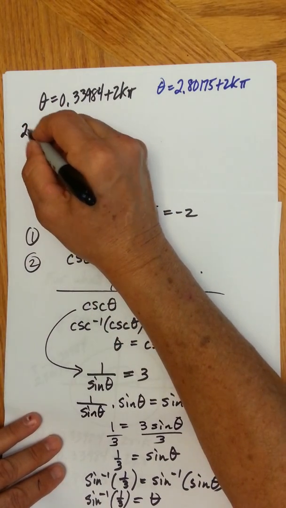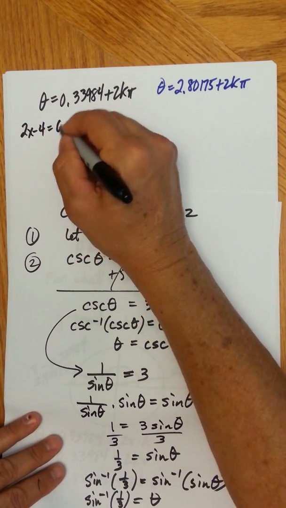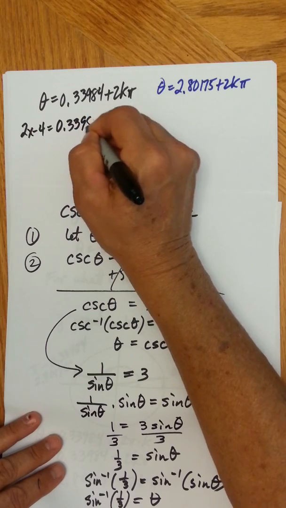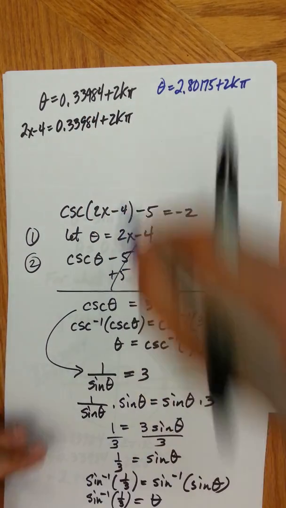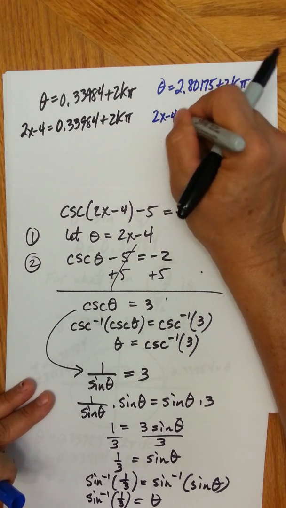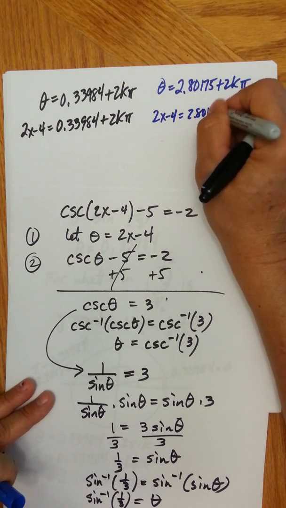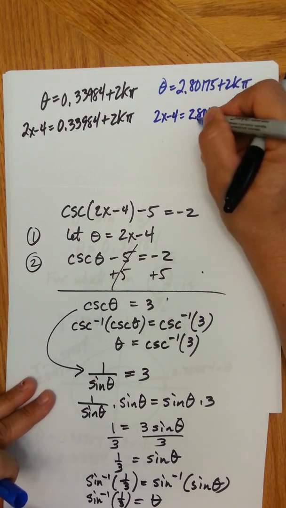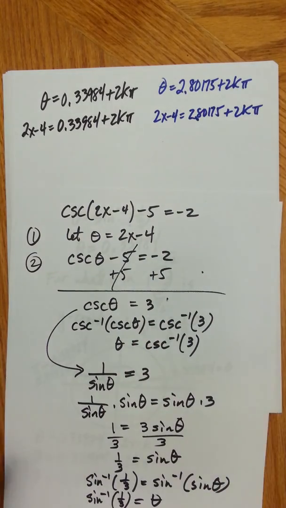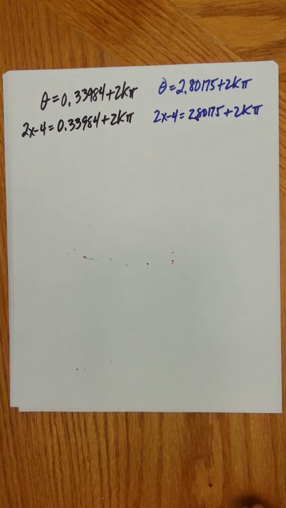So here we have 2x minus 4 equals 0.33984 plus 2k pi. And again here we have 2x minus 4 equals 2.80175 plus 2k pi. Okay? So here's where we're going to solve specifically for x.